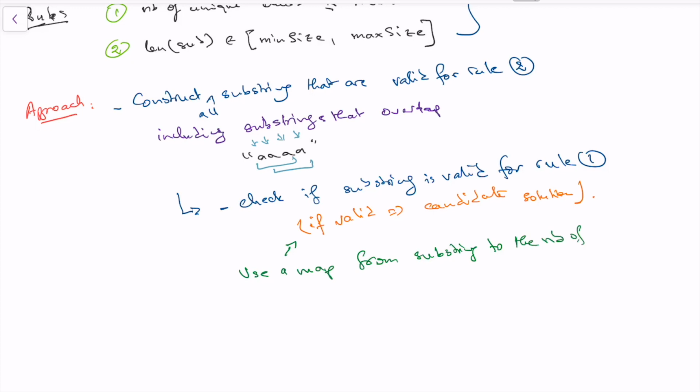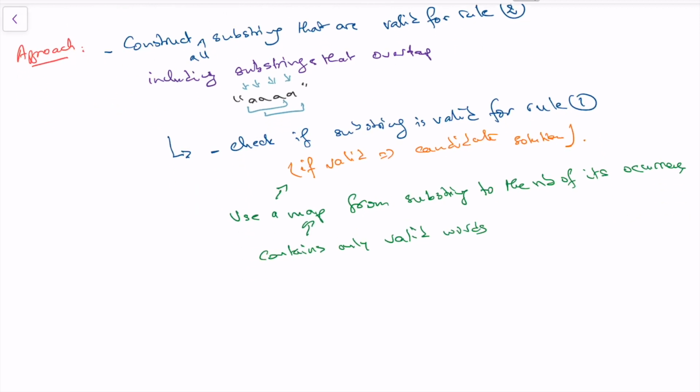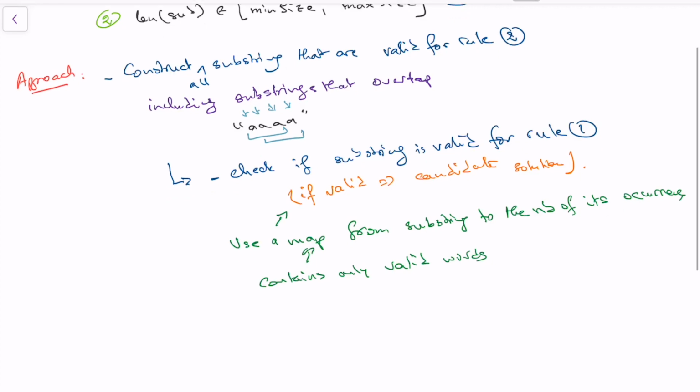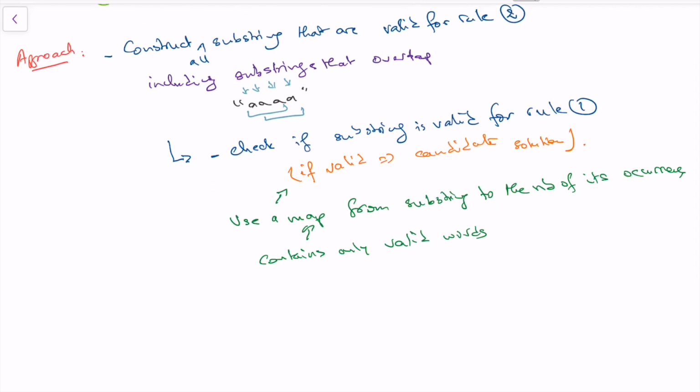And this map will contain only the valid words. Once we do this, we will have all the valid substrings according to these two rules and their number of occurrences, and so in the end we can just take the max.